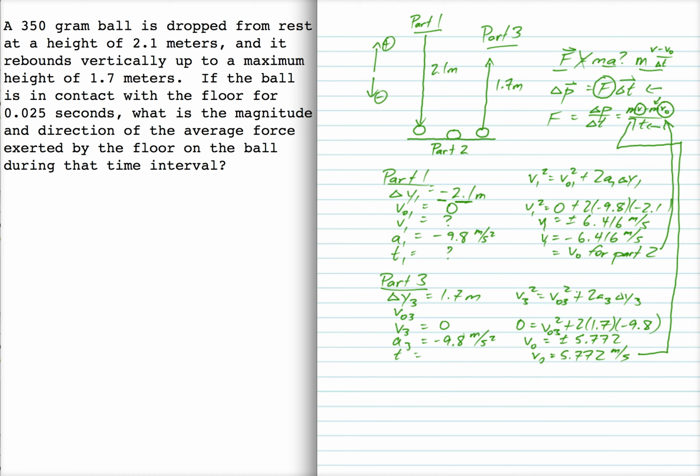Alright, so for part 2 then, the force is equal to mv minus mv0 over delta t. The final velocity for part 2 is the initial velocity for part 3, and the initial velocity for part 2 is the final velocity for part 1.